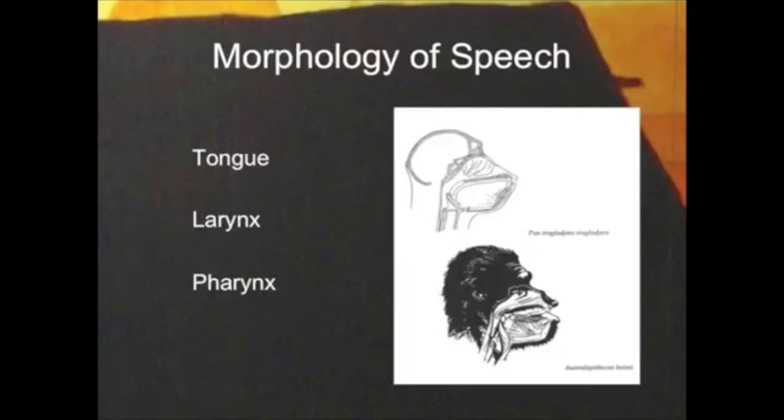And we have a living example in terms of the common chimp. Similar studies have also been done with gorillas, but we have a living example that we can actively test and then relate to the fossil record.